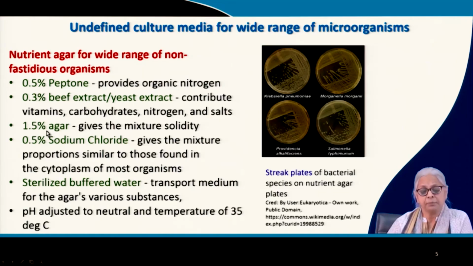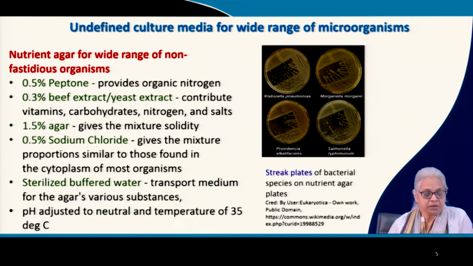And you have 1.5% agar to give the mixture solidity when it is incubated, and some amount of salt is required. And this is, remember what I said, to maintain isotonic conditions similar to the ionic strength of the cytoplasm of most organisms. So that will help to maintain the ionic strength inside and outside the cell, so that that doesn't become a problem factor.